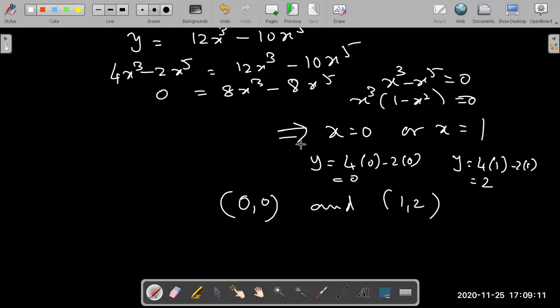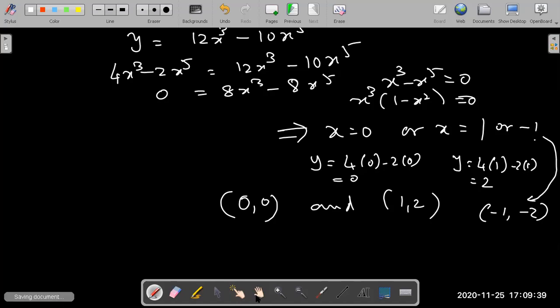There is one more because x can be +1 or -1. This is the additional one. So when x equal to -1, when you substitute into this, 4 into -1, that's -4 plus 2, so you'll have -2. This is the third point. So now we got the correct answers for 18 also.